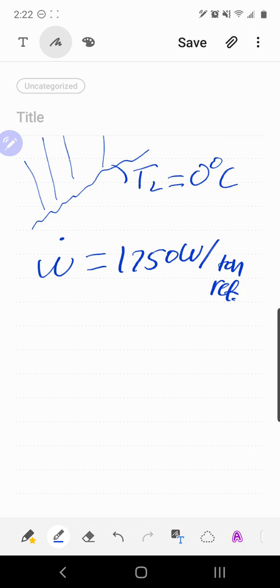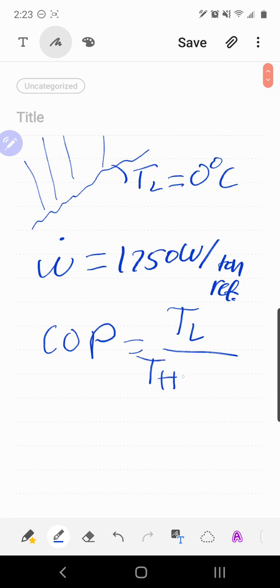Oh my, they are asking for the coefficient of performance now. This is another dimensionless number that you can get various ways, though it's also fairly simple to calculate. It doesn't require a lot of complicated math. There's a couple of different equations for it. There's the one relating your TLs and your THs: COP equals TL over TH minus TL.